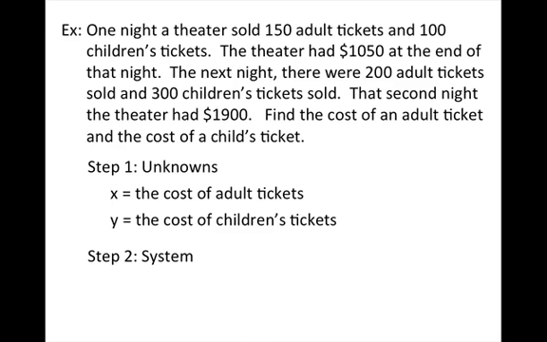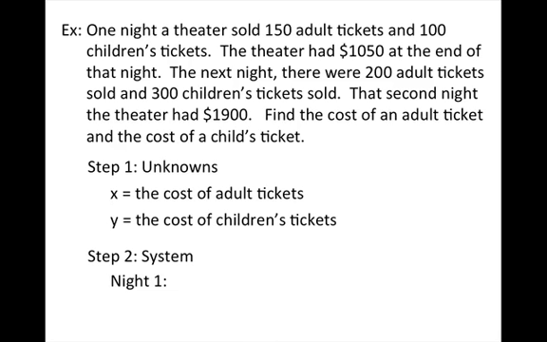Now my second step, I come up with my system. Since I have two unknowns, I want to look back through the problem and find at least two things they told me about those variables. Well, the two things they told me this time were the two different nights that the theater sold the tickets. So night 1, they sold 150 adult tickets.